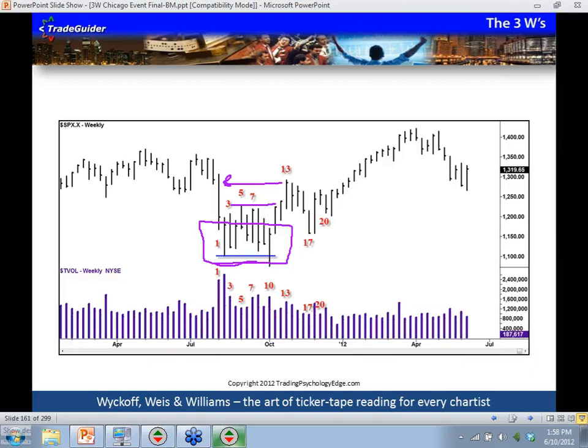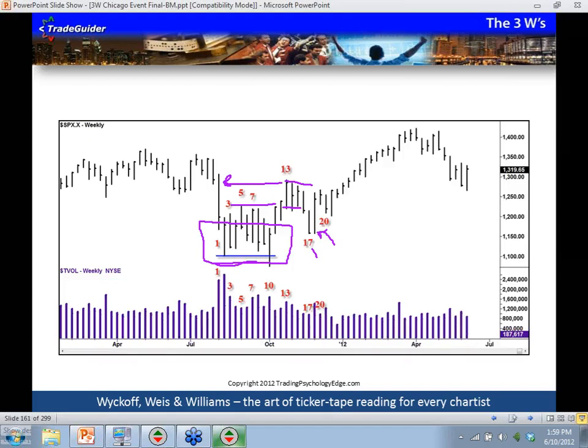But we hold up in here, we hold gains pretty well for almost a month, and then we dip down. What happens on bar 17 and 18? What do we see there? We see a bottom reversal, right? Tom Williams talks about these a lot.